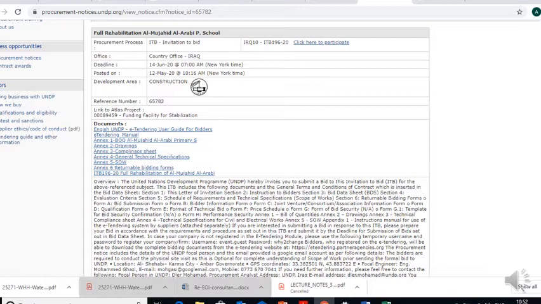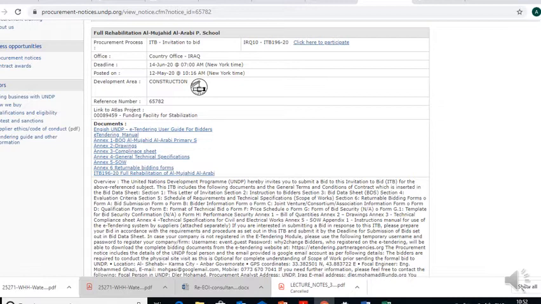So this one again is for the rehabilitation of Mujahid Al Arabi private school. I believe that's a school in Mosul. It got damaged in the war, and the UNDP are sponsoring the rehabilitation of that. And so you can go there, you can find out certain things.